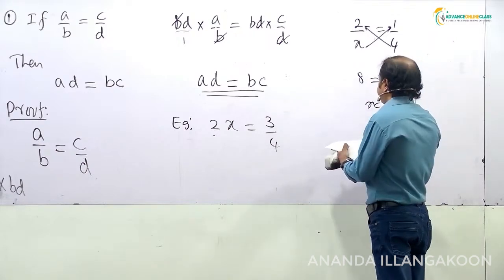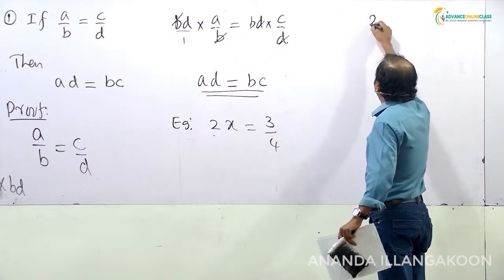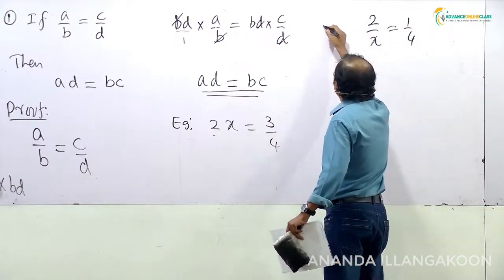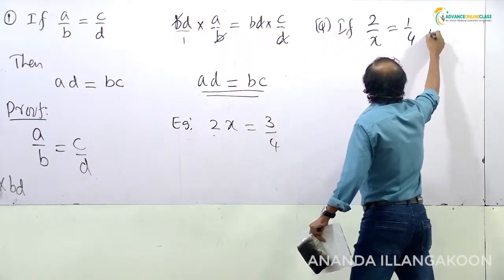Right, come to this first. 2 over x equals 1 over 4. Write down this question as find x.